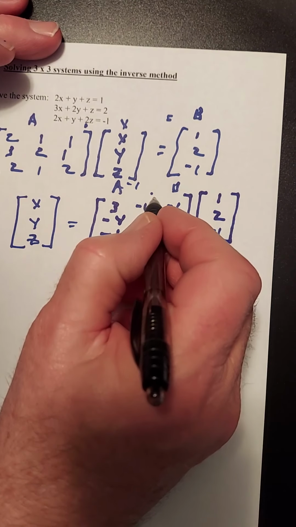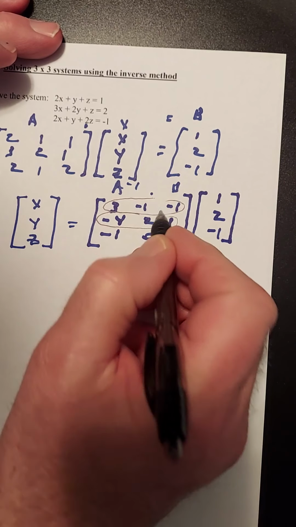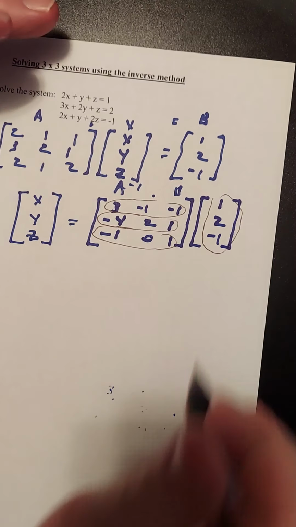So I'm going to have 3 rows over here times your 1 column here.